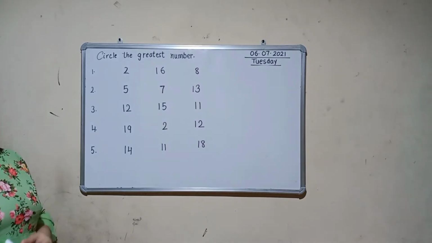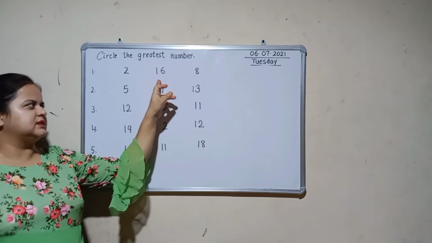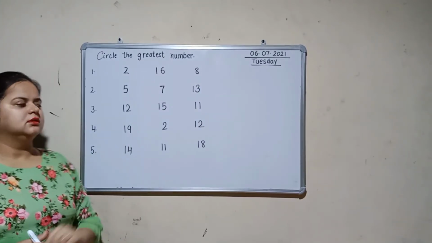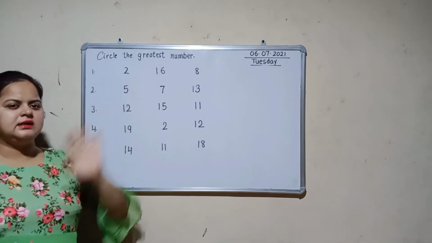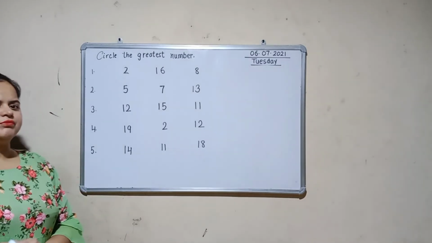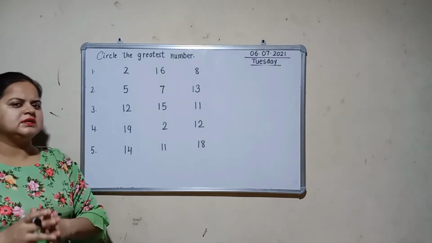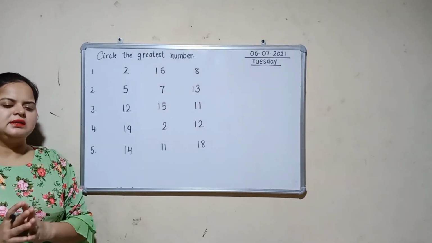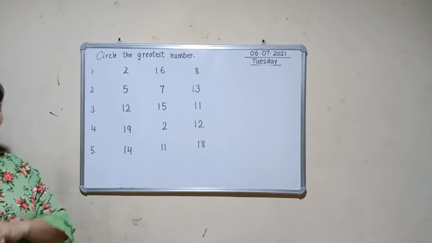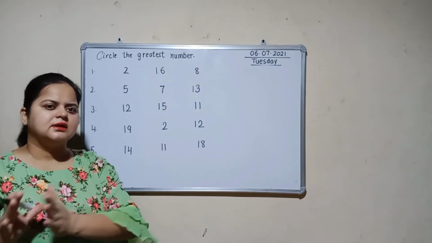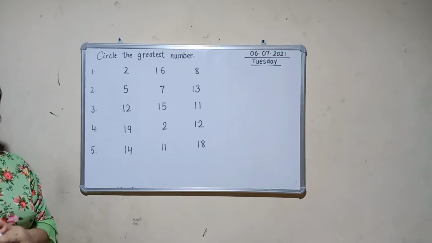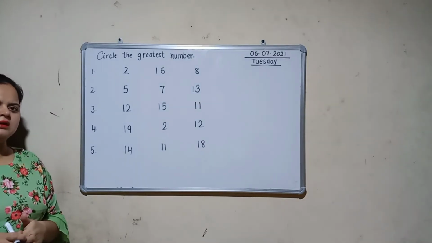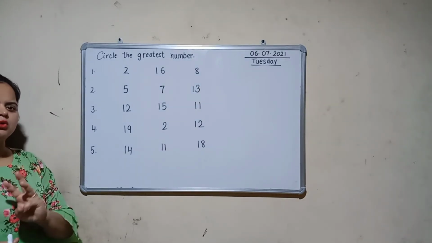Okay, the first is 2, 16 and 8. First of all, you always have to keep in mind that a one digit number is always smaller than a two digit number. Yes, remember, everyone knows that a one digit number is smaller than a two digit number.